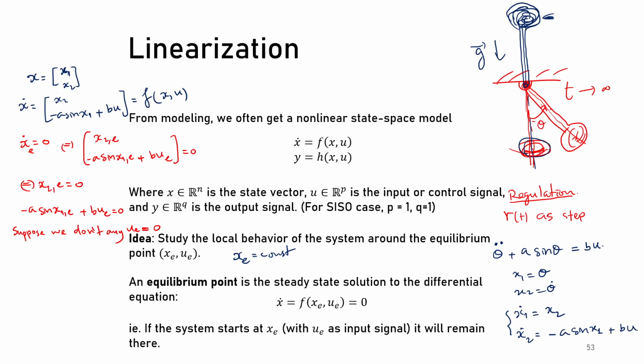So here you have minus a sine x1e equal to 0. Then what you get? x1e equal to 0 plus k pi, right?